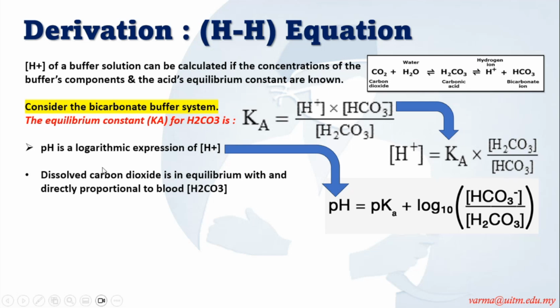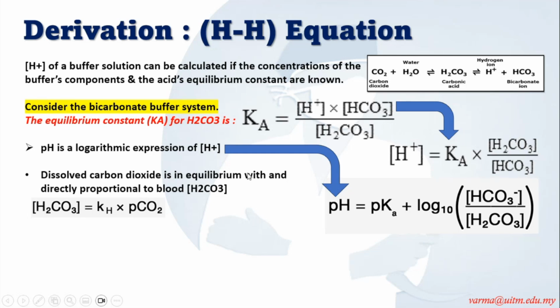So dissolved carbon dioxide is in equilibrium with and directly proportional to the blood H2CO3. This is what I meant. The CO2 is directly in equilibrium with this H2CO3 when it's dissolved in an aqueous solution or in blood. So H2CO3 equals KH times PCO2. KH is the solubility constant; carbon dioxide is a gas which follows Henry's law. If you don't know what Henry's law is, please go and watch the videos that I mentioned about the gas law.